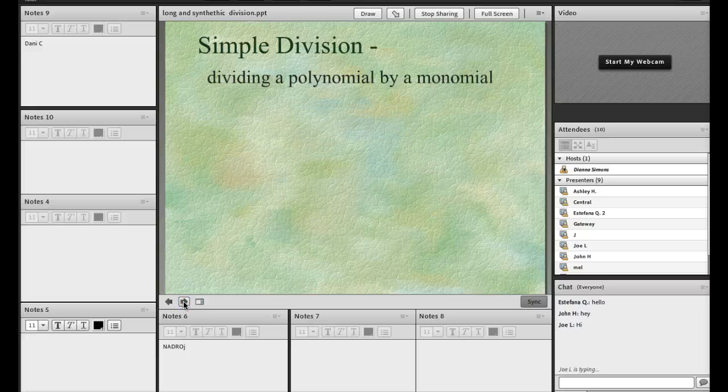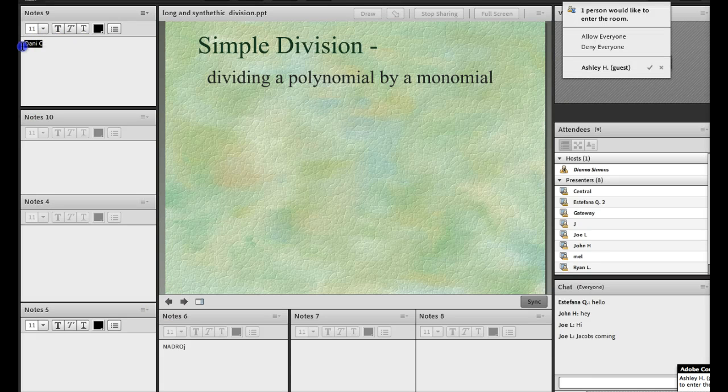Okay. So we're going to talk about simple division. All right. Dividing a polynomial by a monomial. So polynomial by a, what's a polynomial? Anybody? People that are here can, okay, thanks, Joe. Just tell me, and anybody at Gateway, just type it in. You can either use a notepad or the chat box. But what's a polynomial?